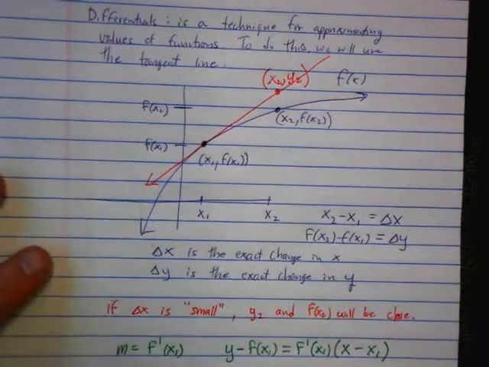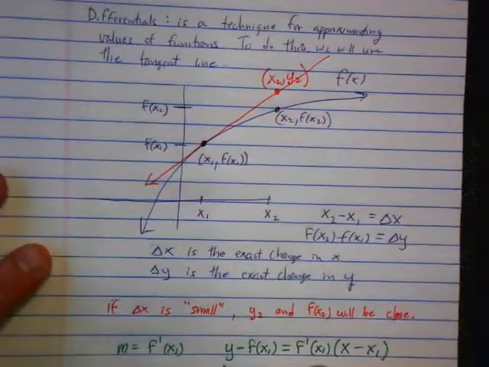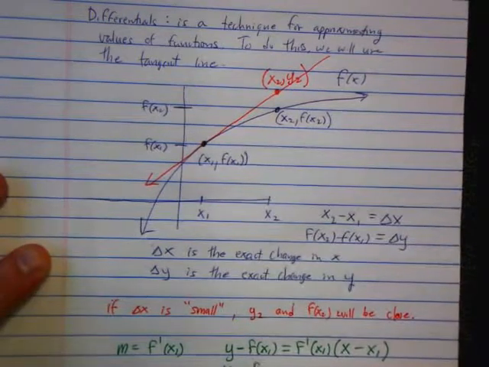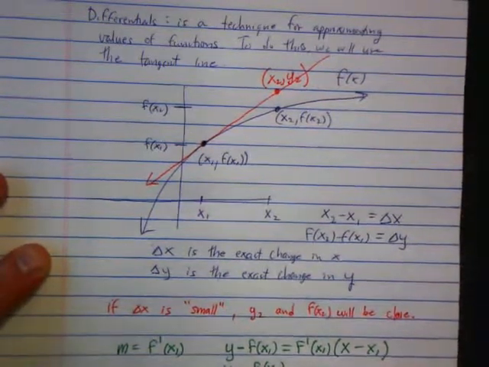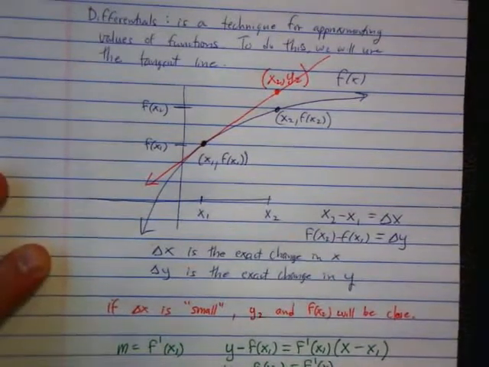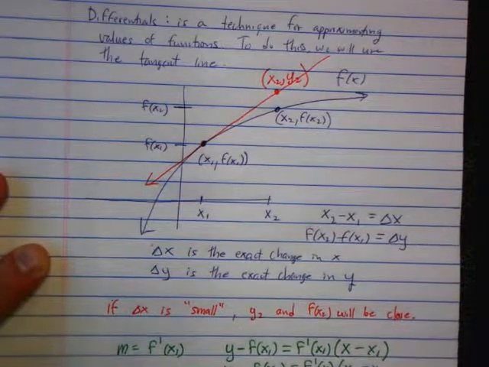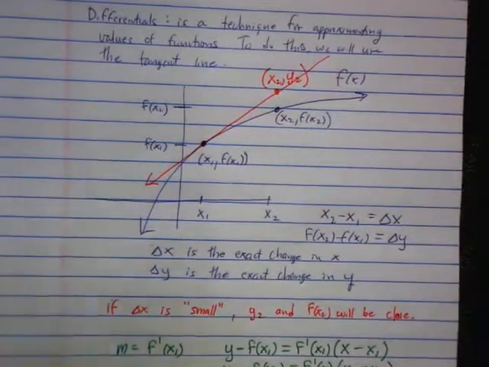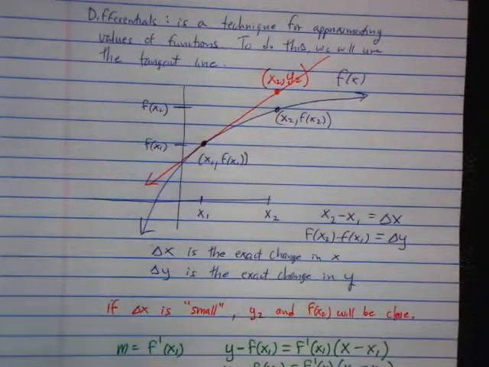So to find y2, I would have y minus f at x1 equals f prime at x1 times, I would plug in x2 minus x1. What's x2 minus x1?